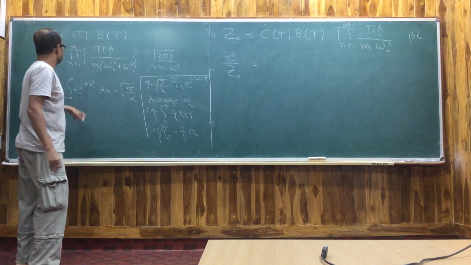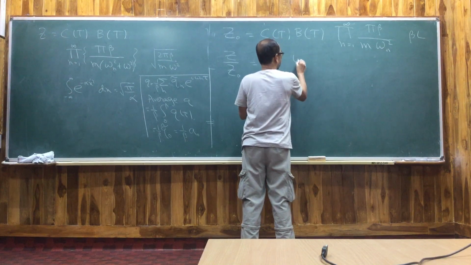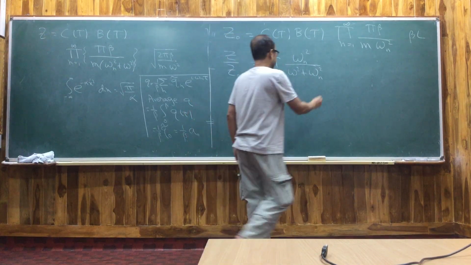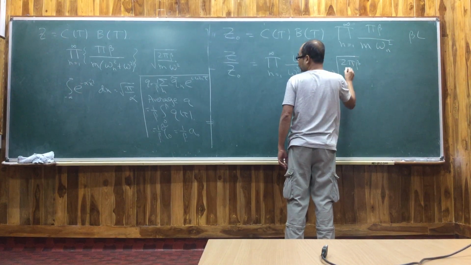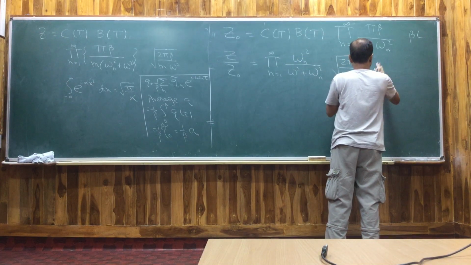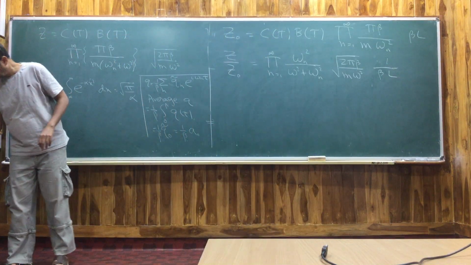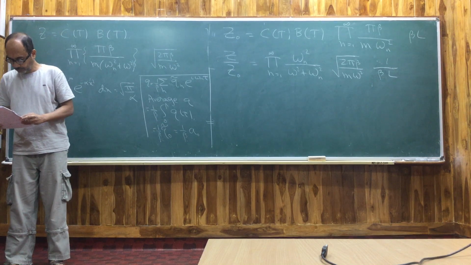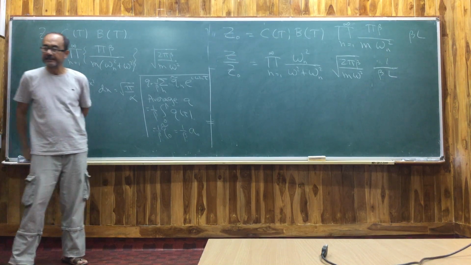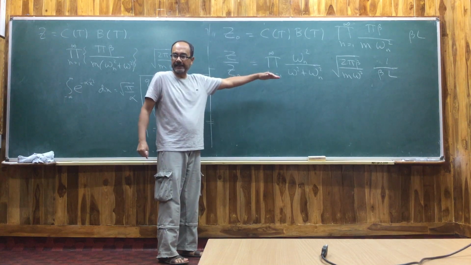Here we get the product, n equal to 1 to infinity, of omega n square over omega square plus omega n square, then the square root of 2 pi beta over m omega square, and then beta times 1 over beta times m. Is this okay? So now you see that if we can figure out what Z0 is, we are done. We just multiply by Z0 and get the answer.